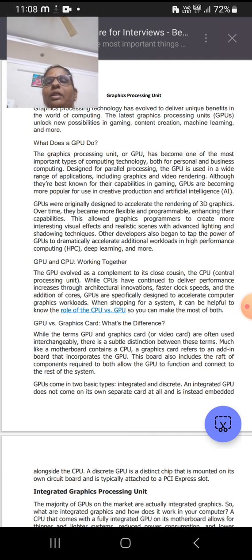Once they became more flexible and programmable, experts could program them to create and reverse effects.